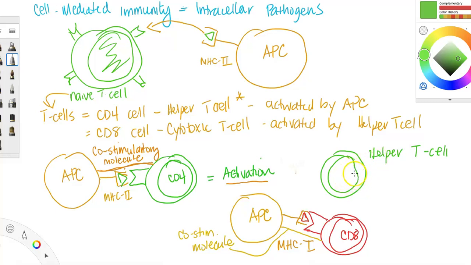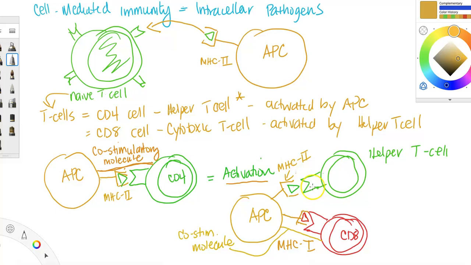So here's the helper T cell. It has its T cell receptor, and this APC now can also exhibit the antigen on MHC2.